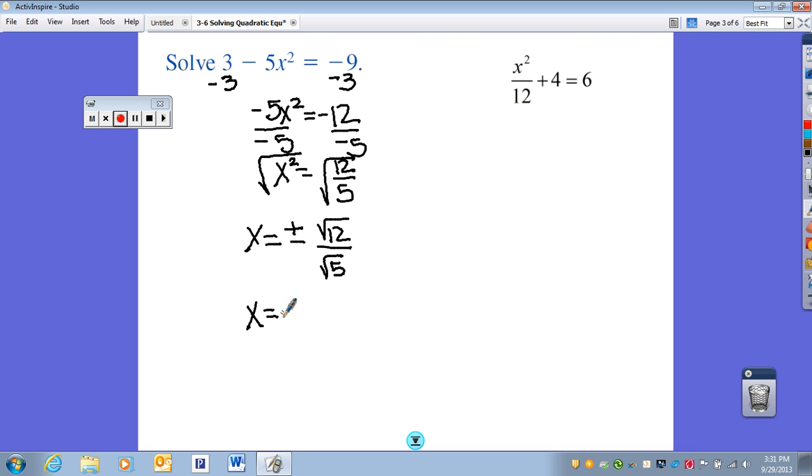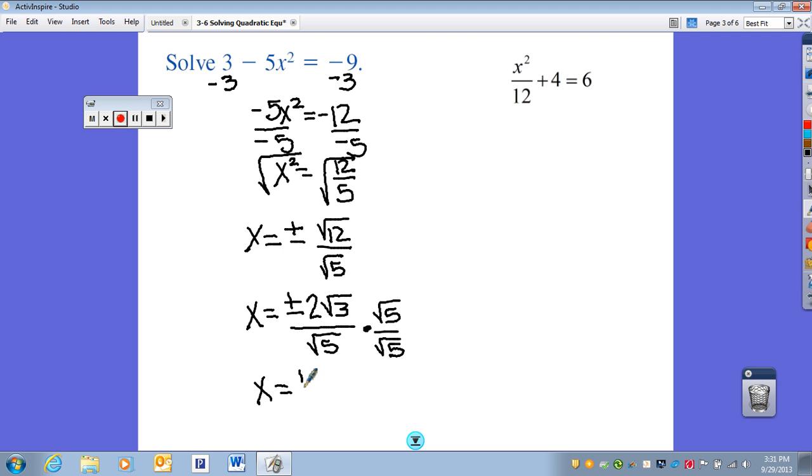From the previous slide, we should remember that the square root of 12 is 4 times 3. The square root of 4 is 2, and we can't simplify the square root of 3. And then we still have our square root of 5 remaining in our denominator. But we can't leave a radical in the denominator, so we're going to multiply both the numerator and the denominator by the square root of 5, so we can rationalize the denominator.